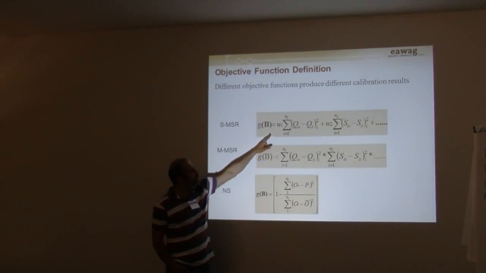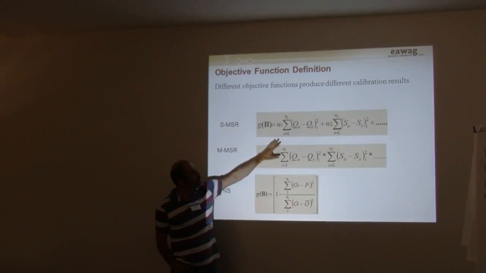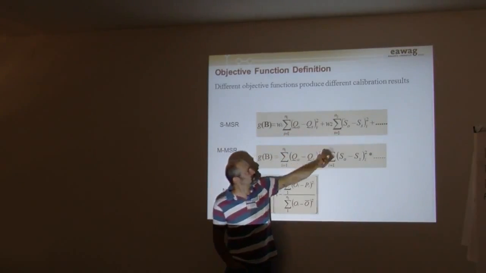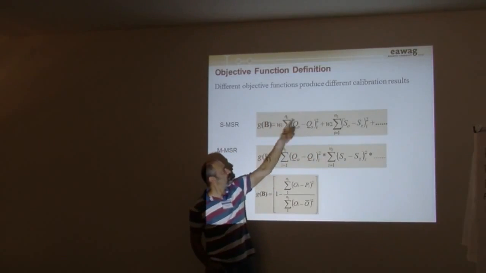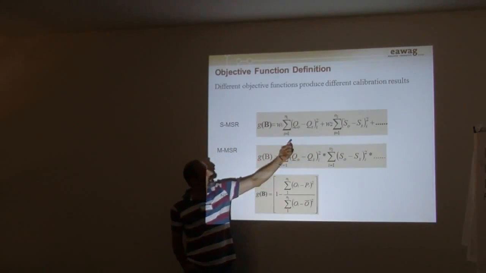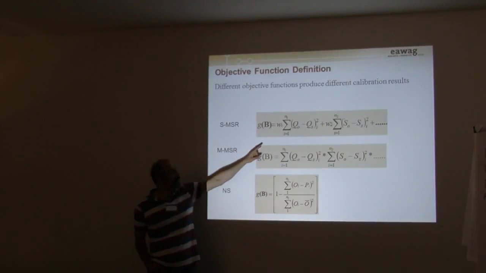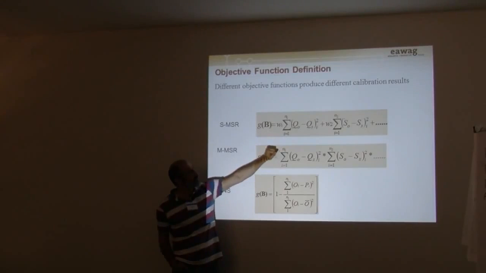And in this case, they have different weights if you add them together, because sediment is maybe around the hundreds, that would be around 10,000s and so on. And if you don't have any weight, then that will dominate this objective function, and the discharge will have very small impact. So that's why you have to have weights if you're using this type of objective function.